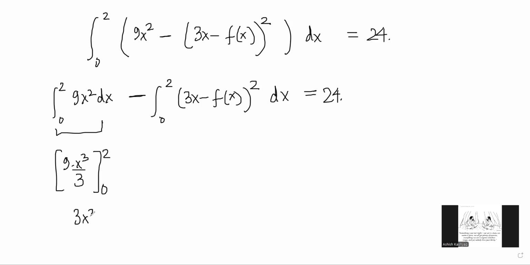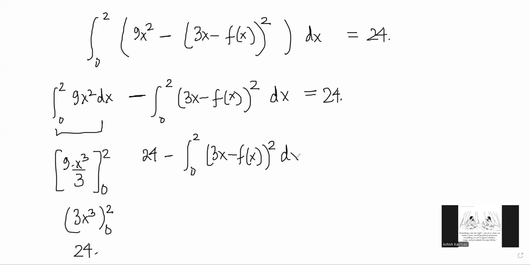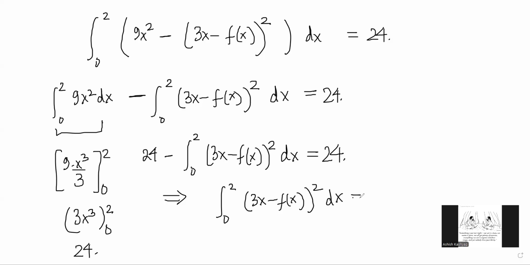So that is 3x cube from 0 to 2. And that turns out to be 24, right? So you are getting 24 minus the integral from 0 to 2 of (3x minus f of x) whole square dx is equal to 24, which implies that the integral from 0 to 2 of (3x minus f of x) whole square dx is equal to 0.